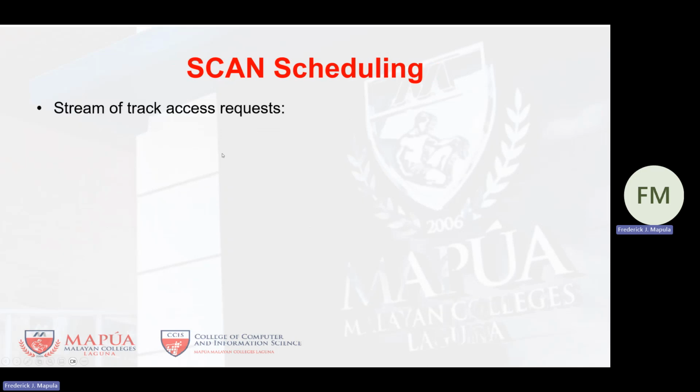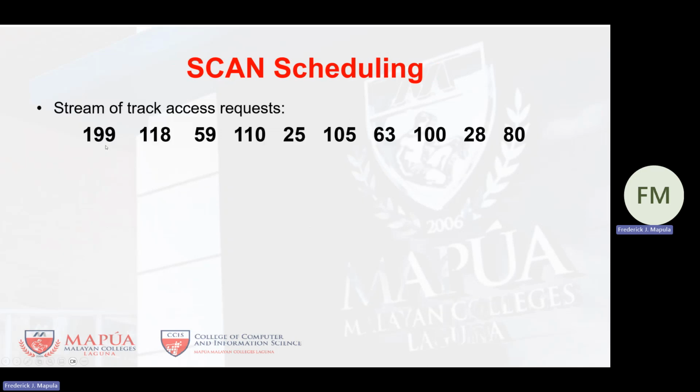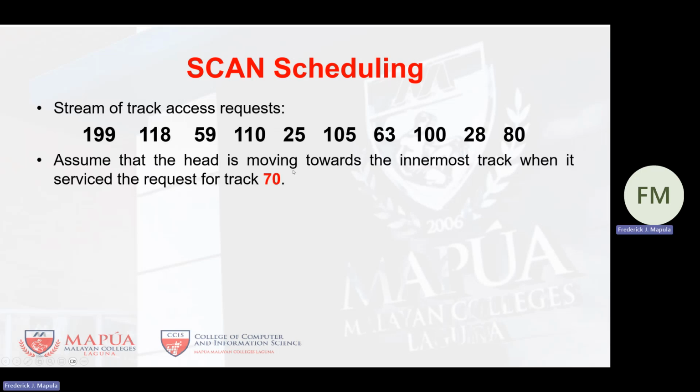Okay? So the string of track access requests is this: 199, 118, 59, 110, 25, 105, 63, 100, 28, and also 80. Assume that the head is moving towards the innermost request when it serves the request for track 70.